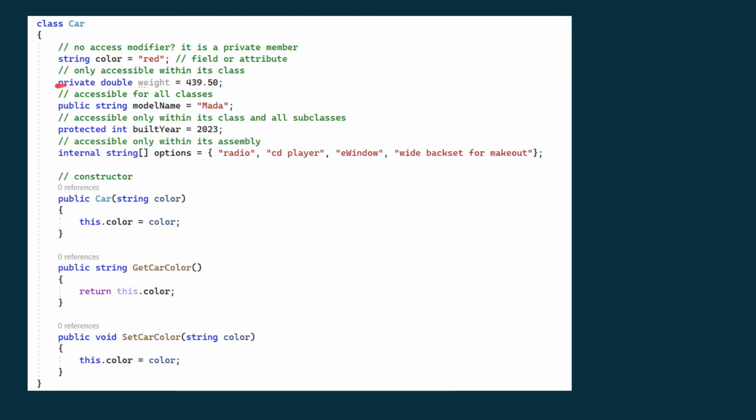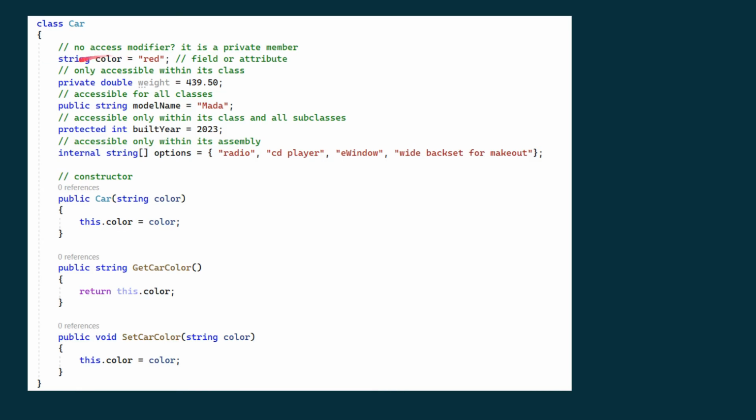So here you have a keyword: private, public, protected, internal. What are these? These are called access modifiers. Access modifiers are used for security to keep some data hidden from the user. So if there is no access modifier for a field or a method or a property, then that field, method or property is private.